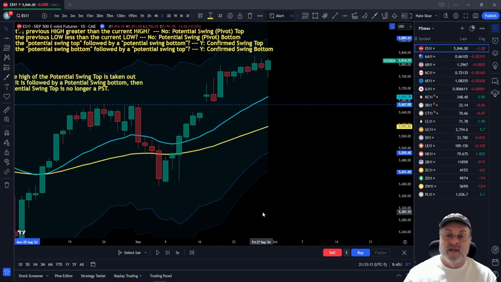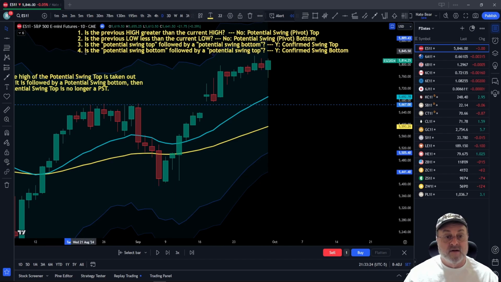Now take a look. Is this price bar low lower than this price bar low? And if you look at what we have written here, is the previous low less than the current low? No, the previous low is here. It's not lower than the current low. So the answer is no. This is now a potential swing bottom. This bar is a potential swing bottom.